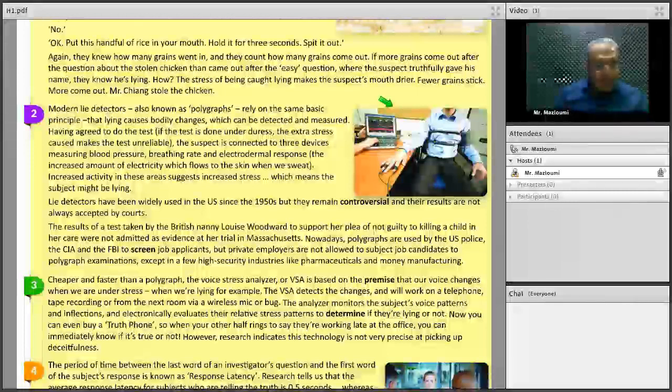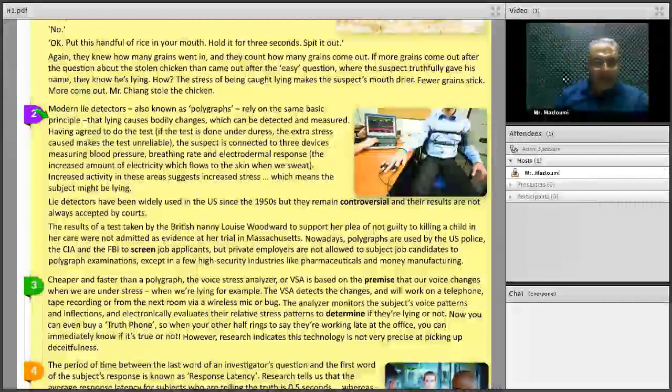Modern lie detectors, also known as polygraphs, rely on the same basic principle. So, what is a lie detector? It is called a polygraph. Polygraphs or lie detectors rely on, they work on, they depend on the same basic principle, rule.